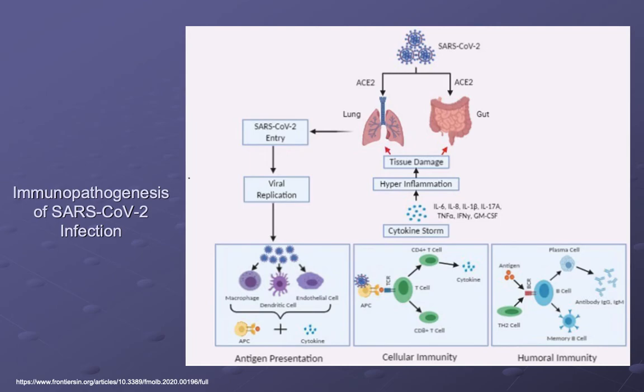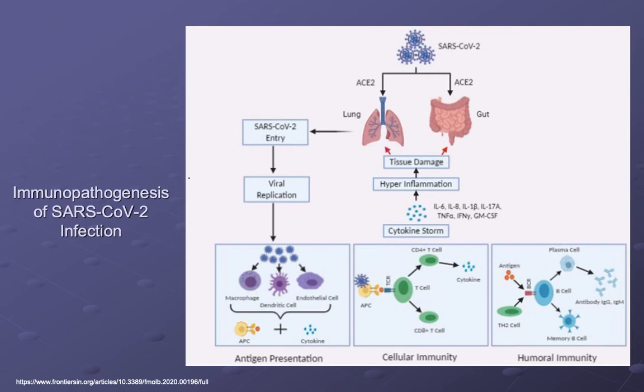Then for humoral immunity, of course, we expect antibody production against it. That could be B cell activation enabled by T cell help. Now, if a B cell is activated by the SARS-CoV-2 antigen, we expect plasma cells and memory B cells specific to the virus to be produced.